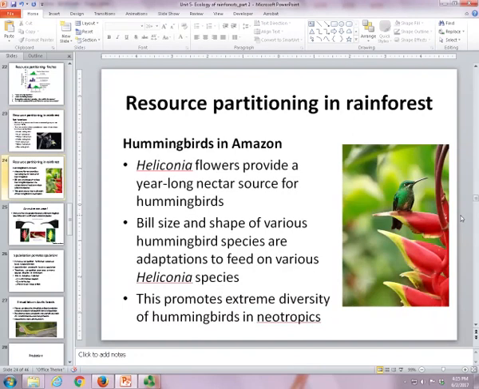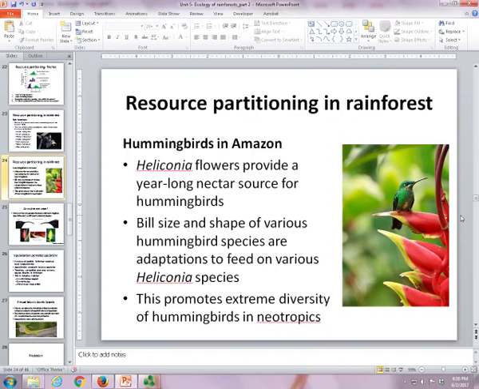And hummingbirds are providing another fascinating example. In rainforest, there's so many different species of heliconia flowers. And these flowers open year round, so they provide a continuous source of food for these hummingbirds.